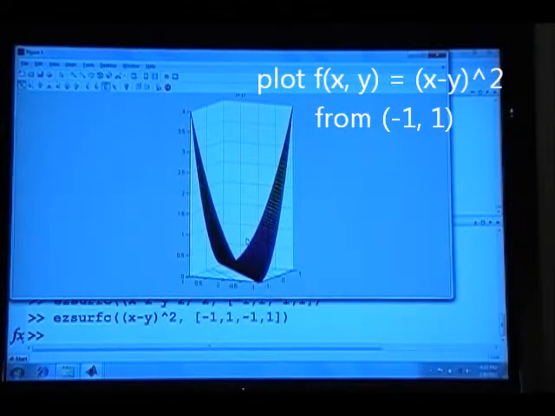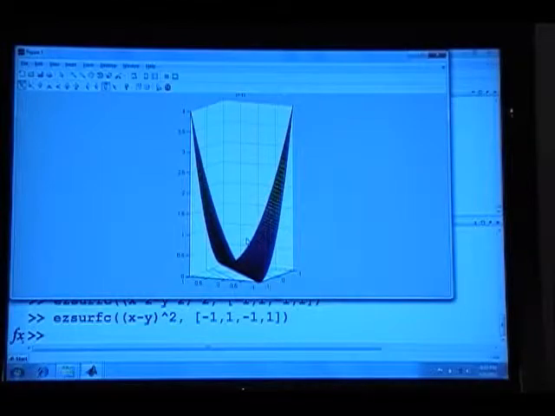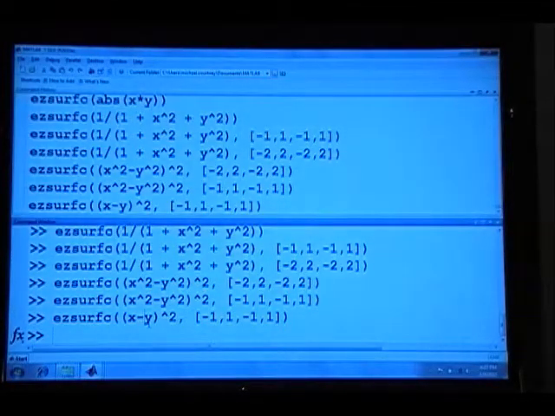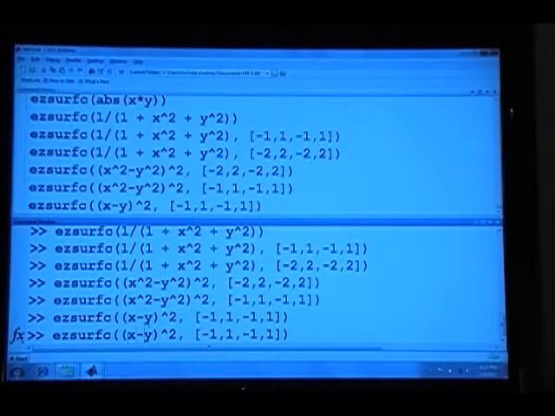And now let's have a look at letter F, which is the sine of the absolute value of x minus the sine of the absolute value of x plus y. So we want to put in the sine function, and then the absolute value of x plus the absolute value of y.